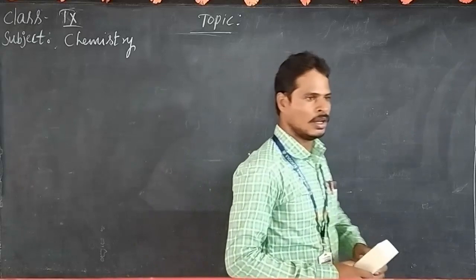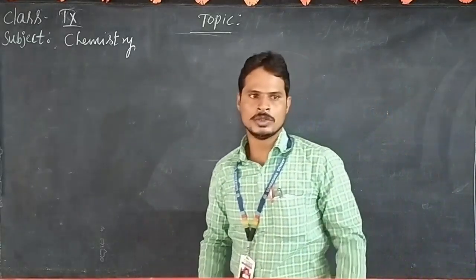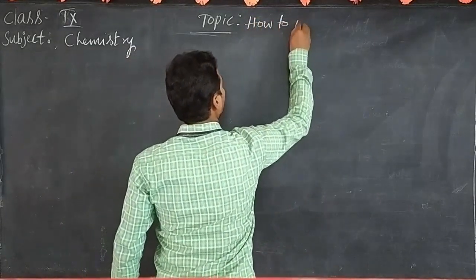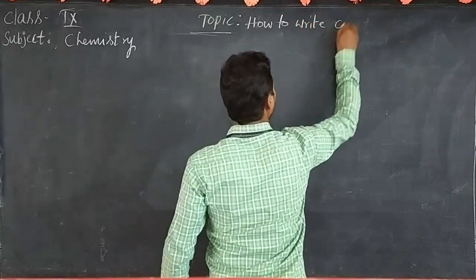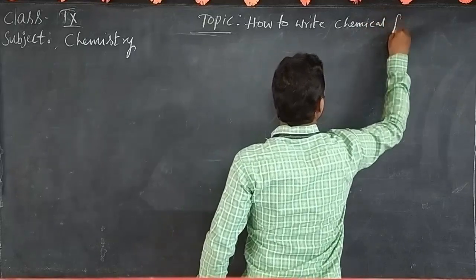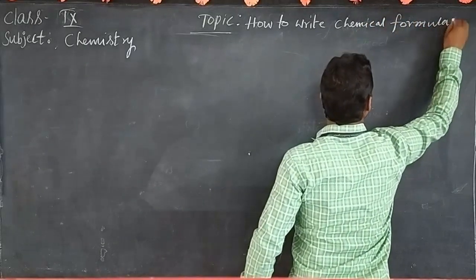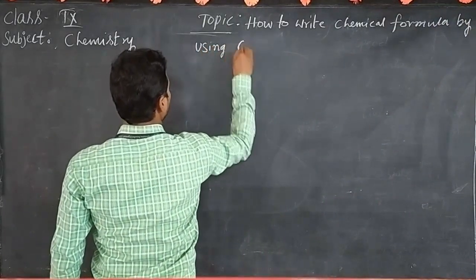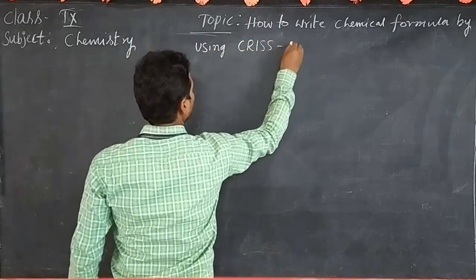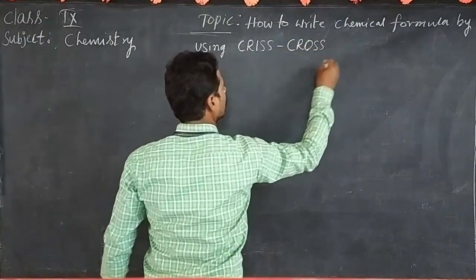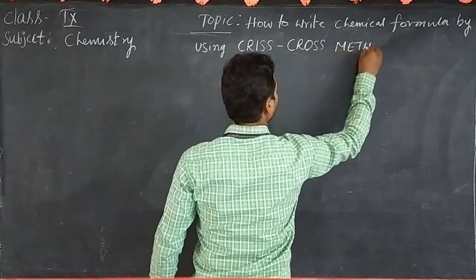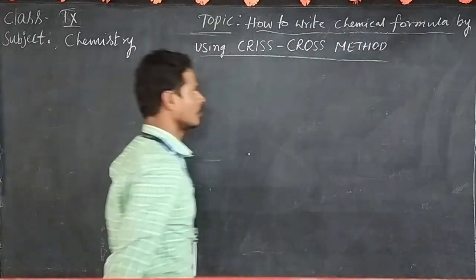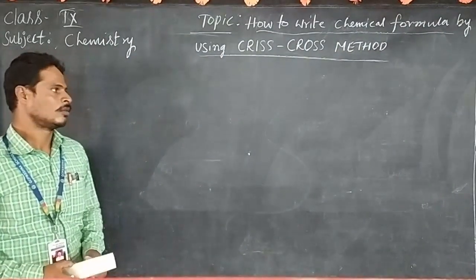Today we discuss how to write a chemical formula by using the crisscross method. So we can follow the 5 steps.